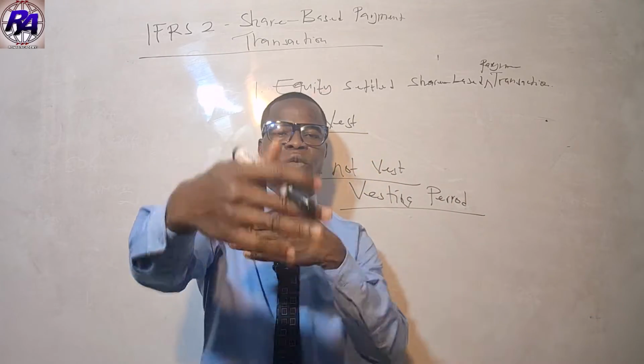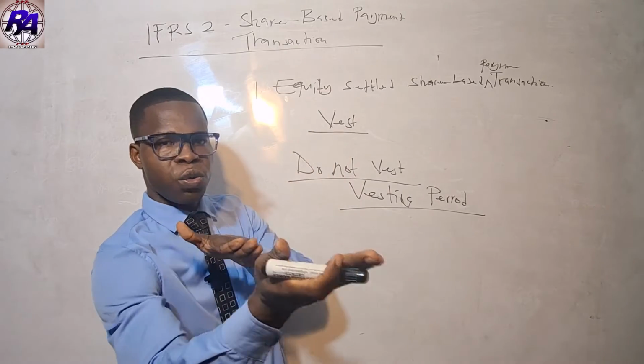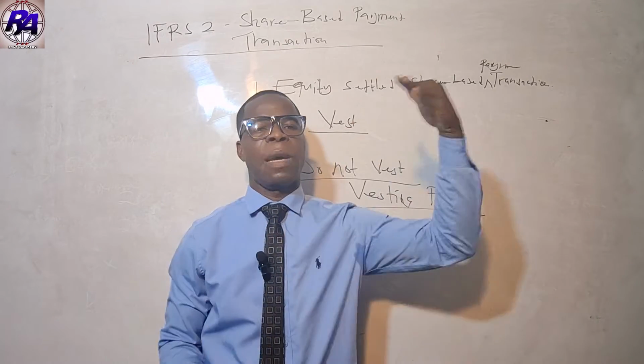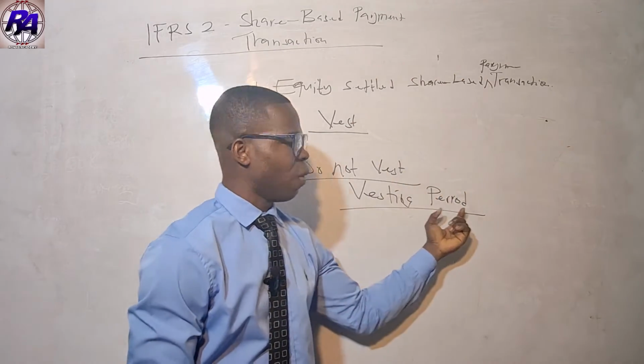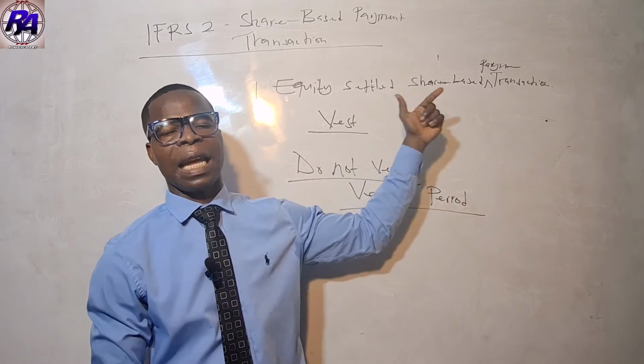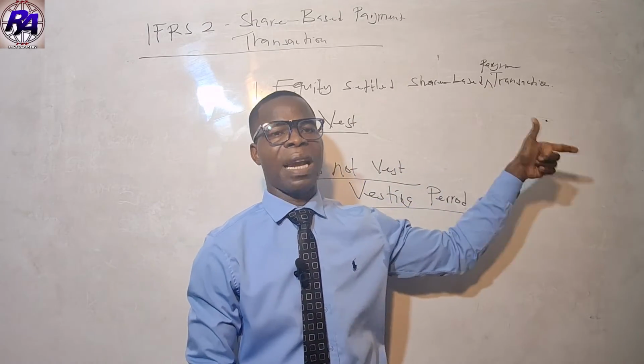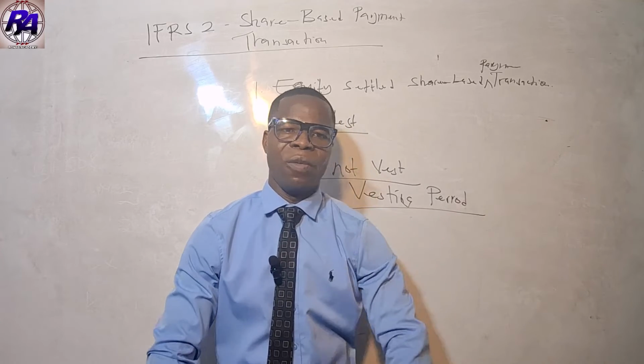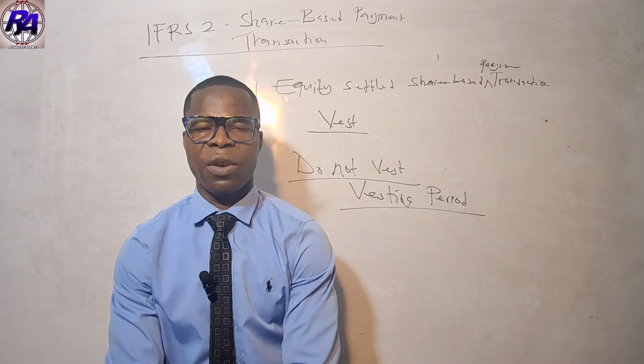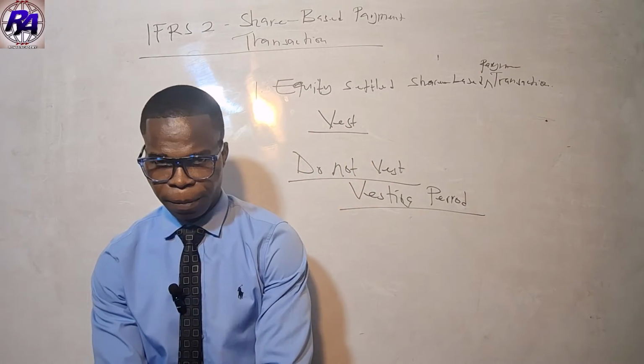We are going to issue those equity instruments or share options to the employee over the vesting period, and at the end of the vesting period, or at the vesting date, we would have issued all the total equity instruments to the employee.